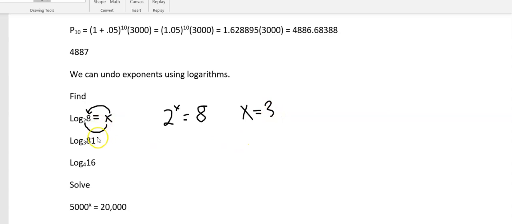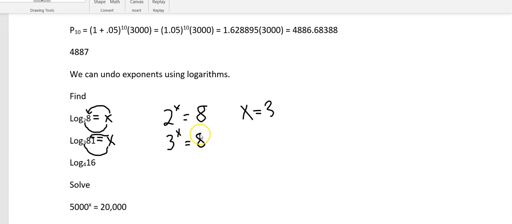So let's take a look at this one and see if we can figure it out. Put our x over here and use that circular rewrite. 3 to the x equals 81.